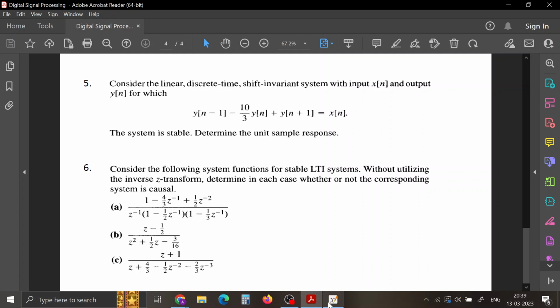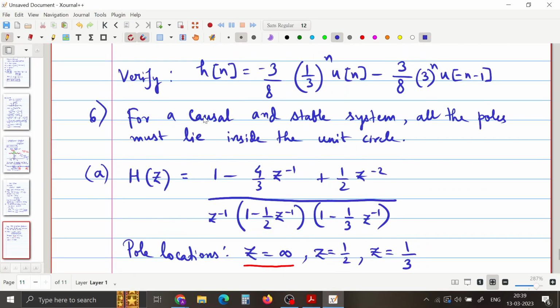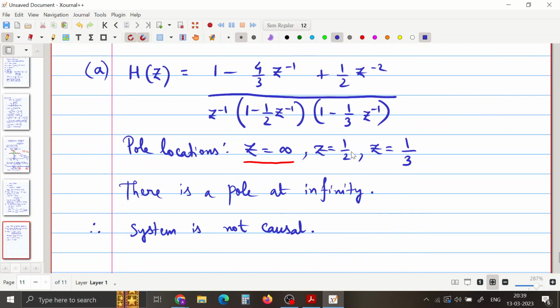And we know that for a system to be both causal and stable, all the poles of H of z should lie strictly inside the unit circle. That's all you need to check. So that's what we have done. We don't need to find any inverse z transform or anything. Just check the pole locations.